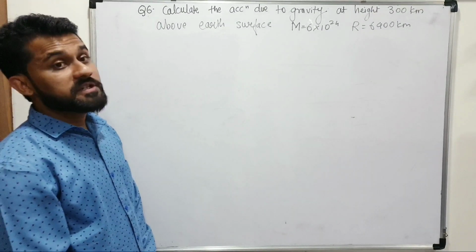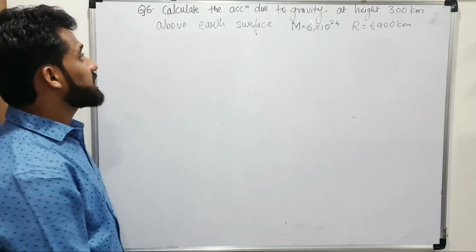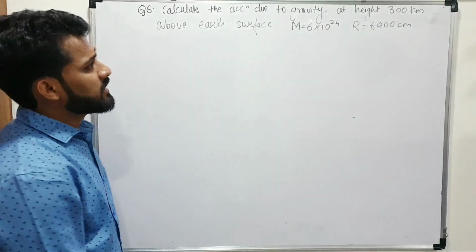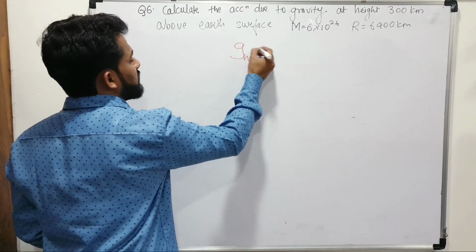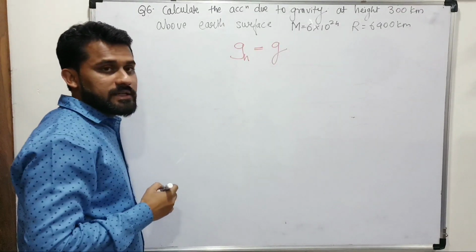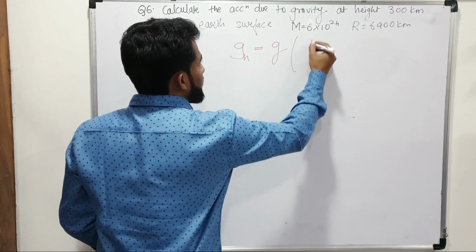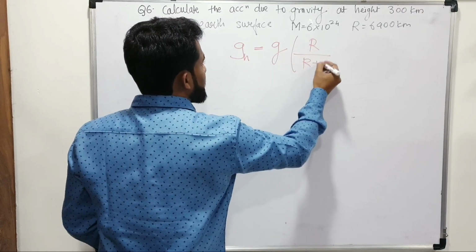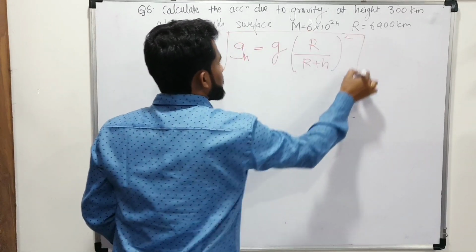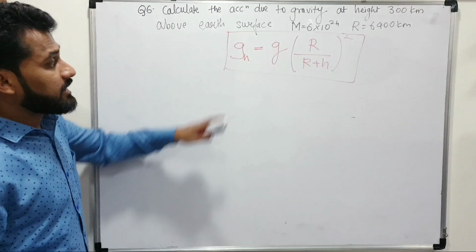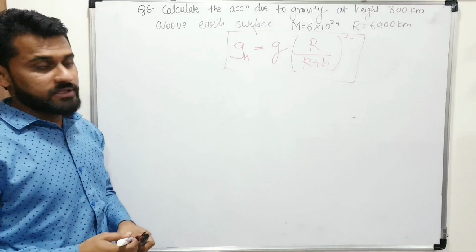Calculate acceleration due to gravity at height 300 kilometers above the earth's surface. So the variation of gravity with height: the actual formula is g_h equals the original gravity times R upon R plus h the whole square. This is the correct formula for calculating the gravity at height h.